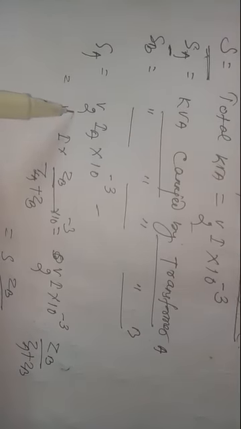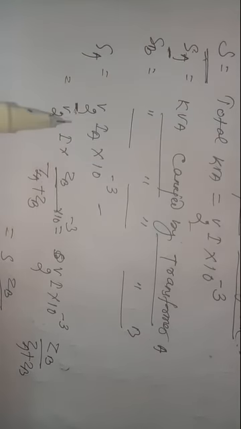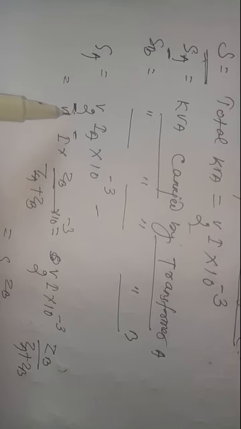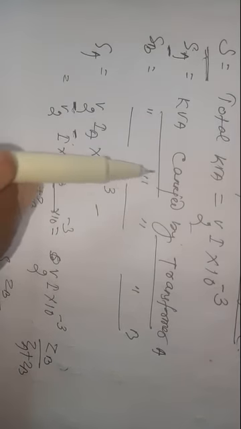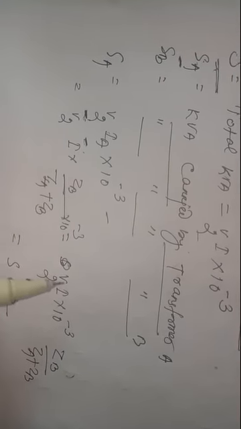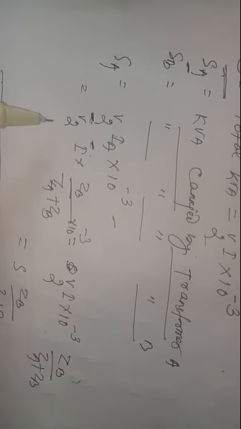Simply its voltage and its current. Because they are operated in parallel, the voltage is the same, V2, and IA is the current carried by transformer A. So V2 into IA into 10 to the power minus 3.